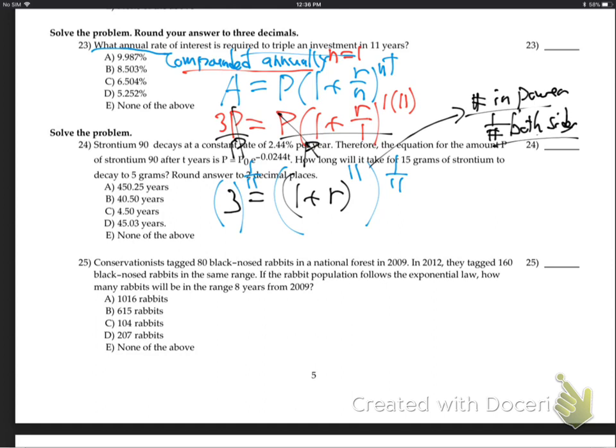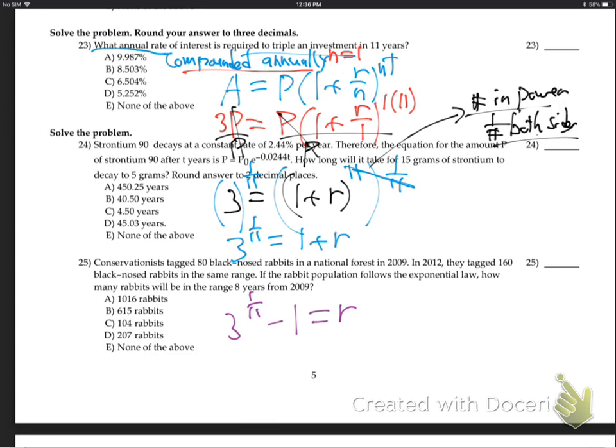That makes sense? But if it's just a number in power, you just do 1 over the number. These cancel, and we get 3 to the 1/11th is 1 plus r. Is that good? And then just subtract the 1. If you did the 11th root, that's the same thing. That's fine too. So there we go.